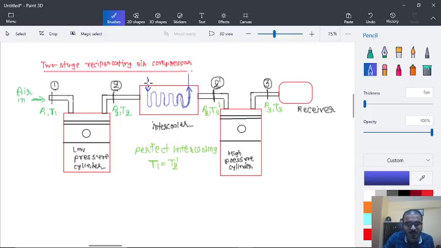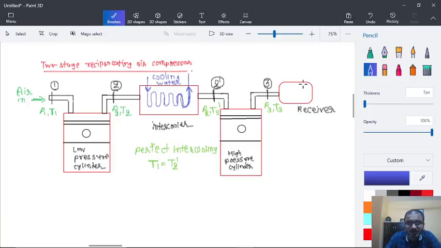Here this is cooling water. Okay, so this is the complete setup for the two-stage reciprocating air compressor.